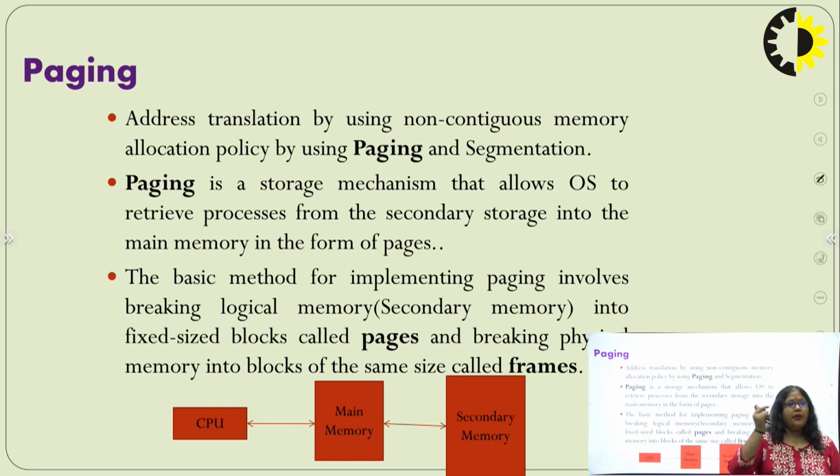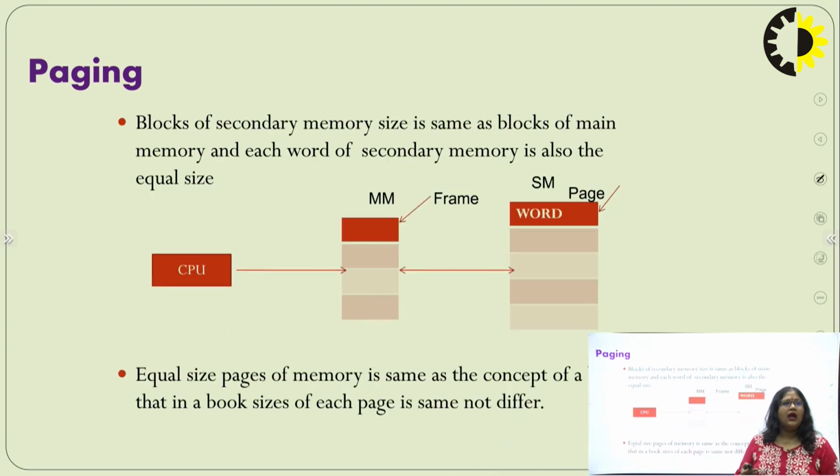Page size belongs to the process, which resides in the secondary memory, and the frames belong to the main memory. So, the CPU generates the logical address, and we have to translate that logical address to the physical address for retrieving any information from the main memory. This is the basic concept of paging.